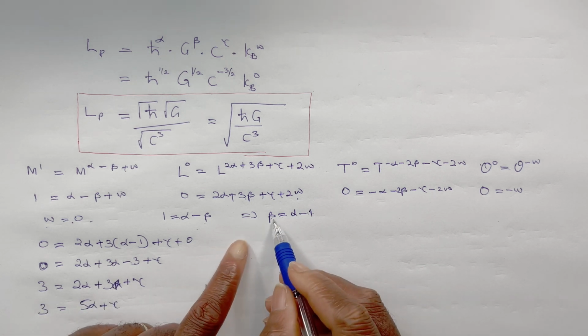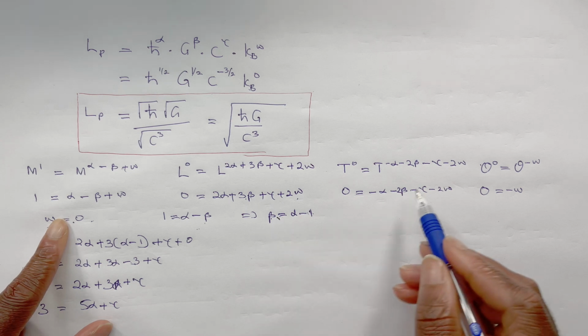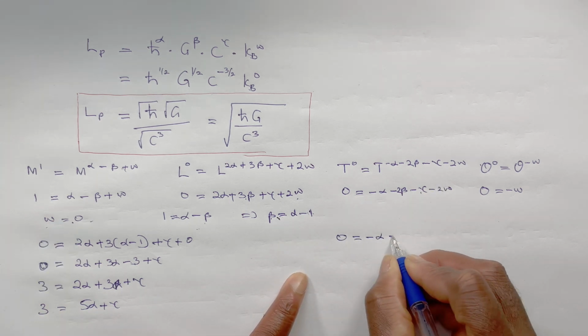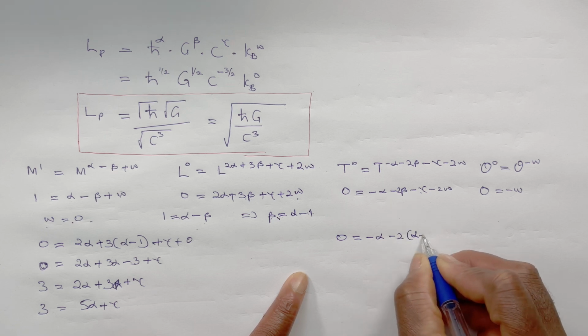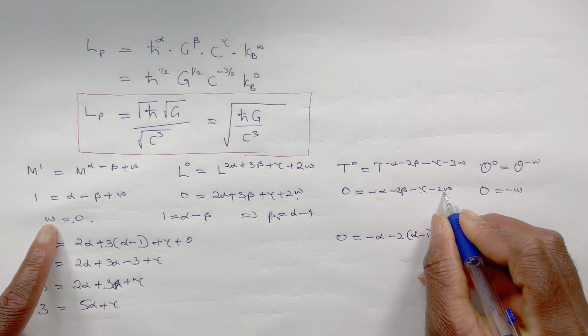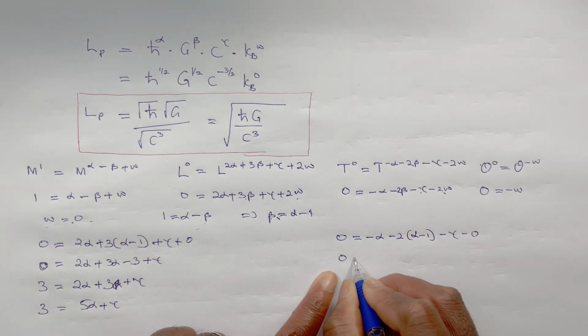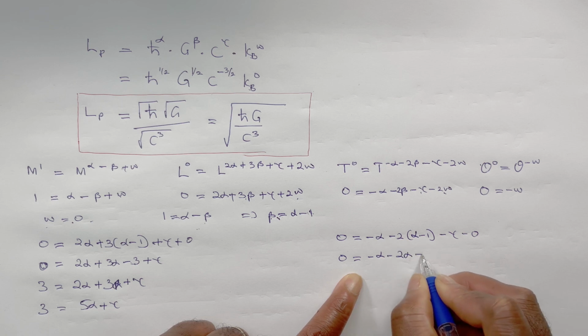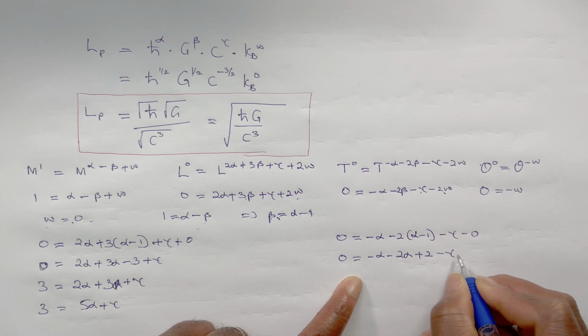Okay, so I'm going to take this and put it into the other one. So I got 0 equals minus alpha minus 2 into bracket alpha minus 1 minus gamma minus 0, because omega is 0. And we get 0 equals minus alpha minus 2 alpha plus 2 minus gamma.